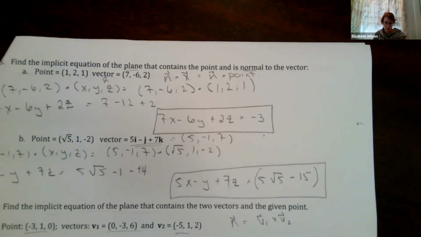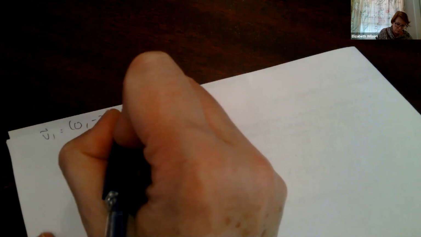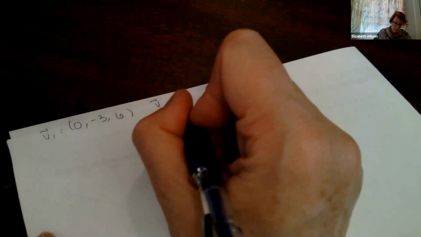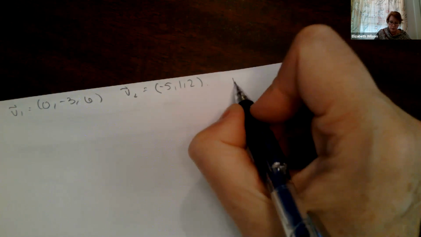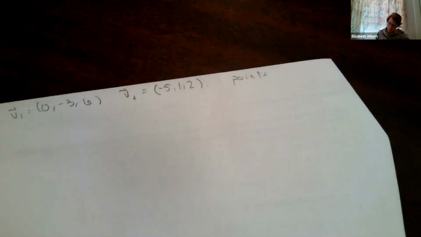0 minus 3. Is equal to, and the point is equal to (-3, 1, 0).